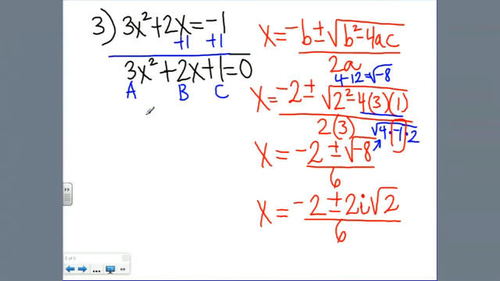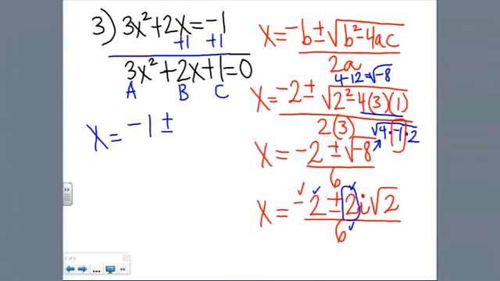Technically, our answer is not in simplest form because this negative 2, this 2, plus minus 2, and this 6 can all be divided by 2. So right here, when you divide by 2, that would give you negative 1, plus minus.